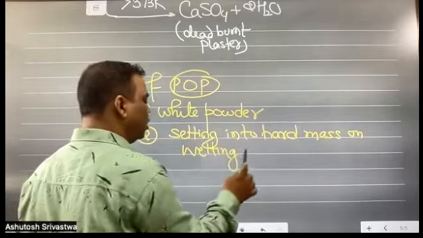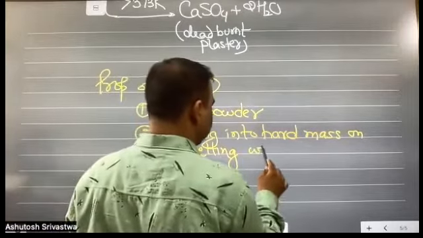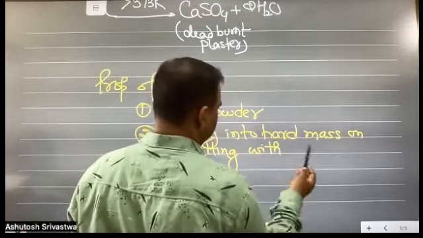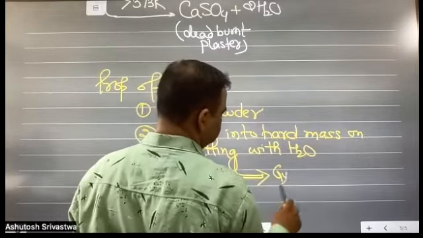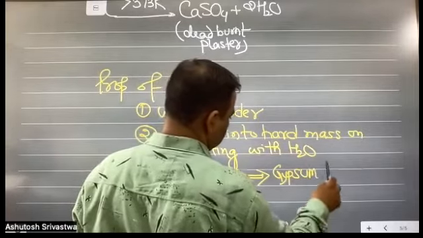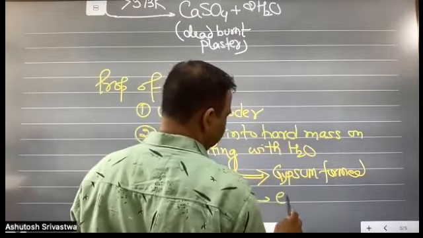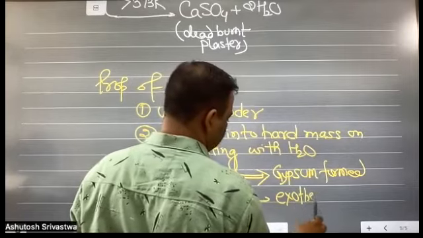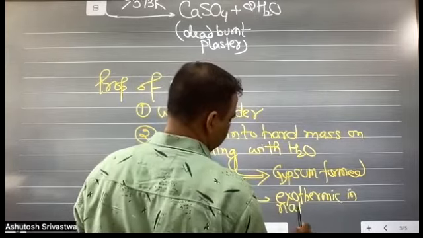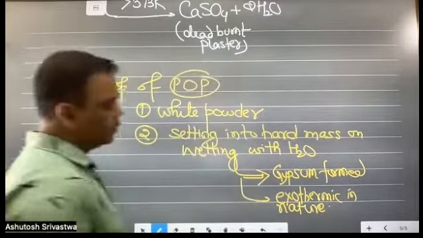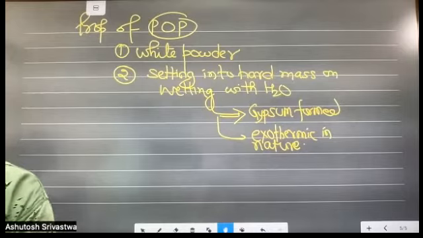When we are adding water, it becomes a hard mass, because gypsum is formed, which sets into hard mass. And the second thing, the reaction is exothermic in nature. Okay, so this is important to understand.